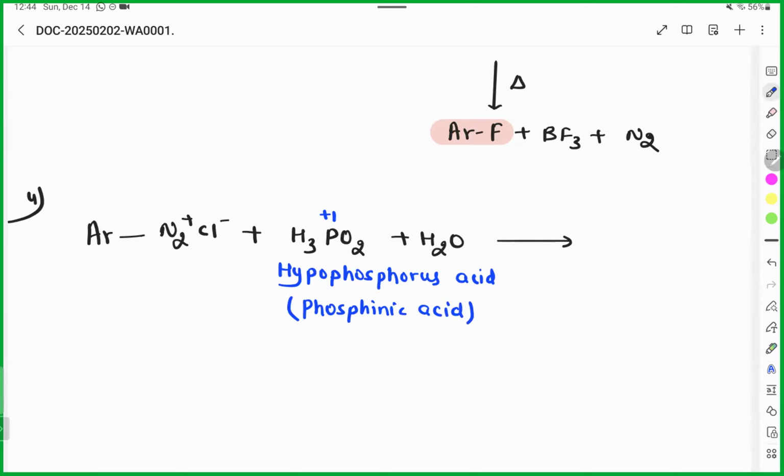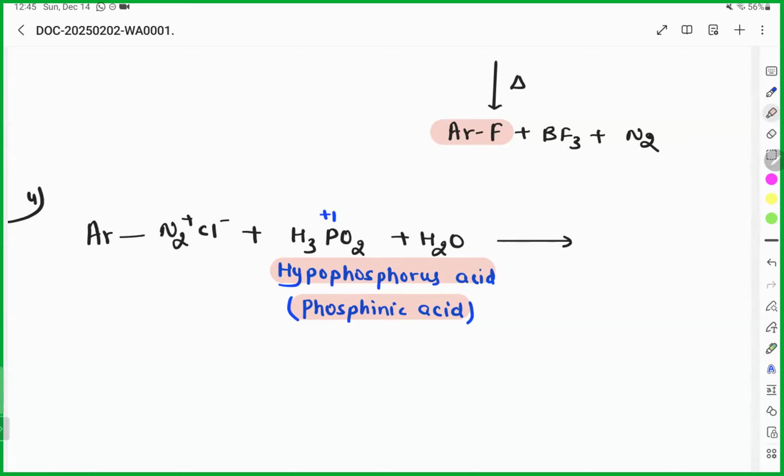Why hypophosphorus? From phosphorus acid, it is one oxygen less. Phosphorus acid is H3PO3. Hypo means less. Understood?